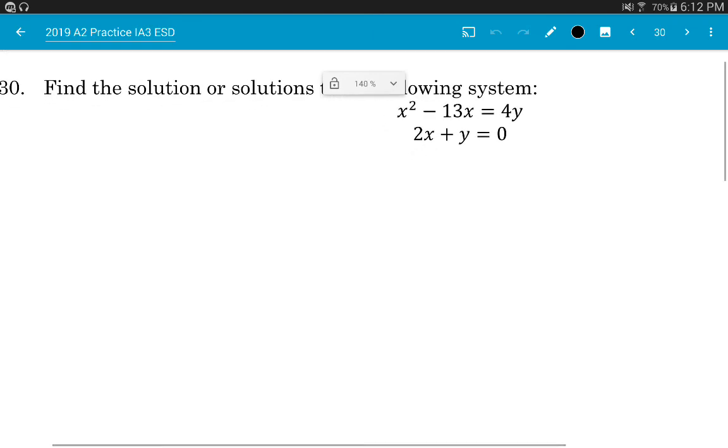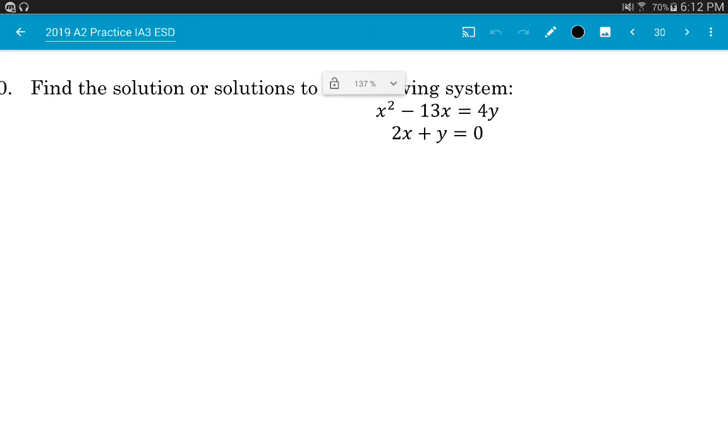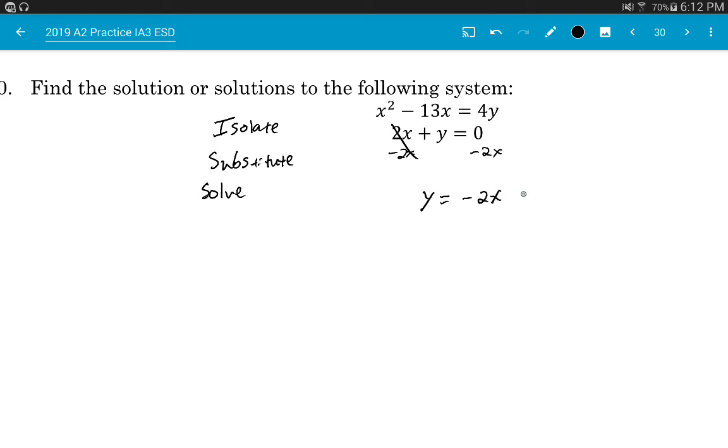30. Find a solution or solutions to the following system. We're going to want to isolate, then substitute, and then we're going to want to solve. So let's isolate the y. Minus 2x, minus 2x. I get that y equals negative 2x.